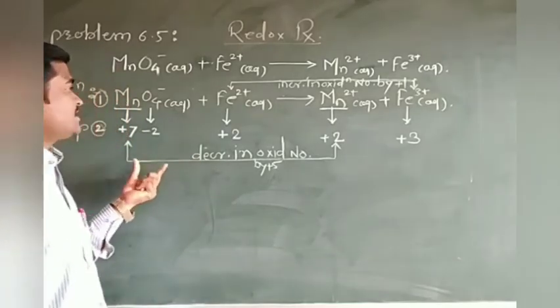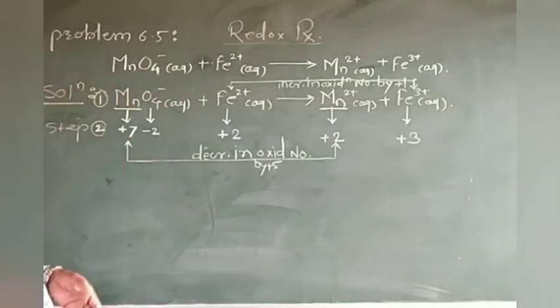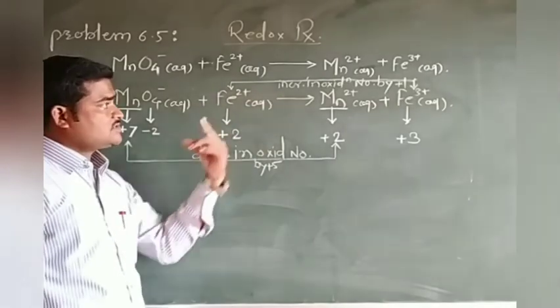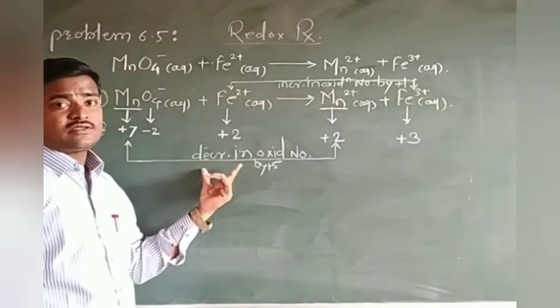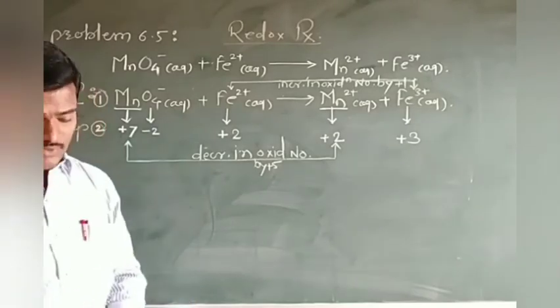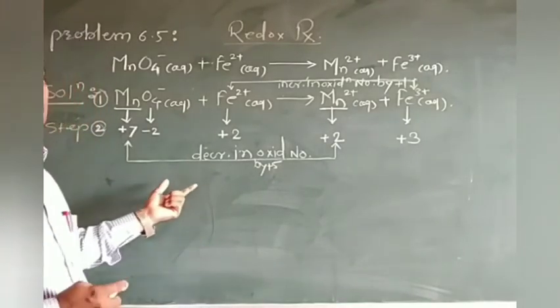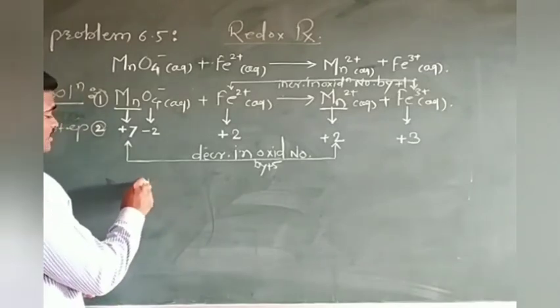In the second step, what we have to observe is which element undergoes an increase in oxidation state or a decrease in oxidation state. For better understanding, we will also write increase per atom.